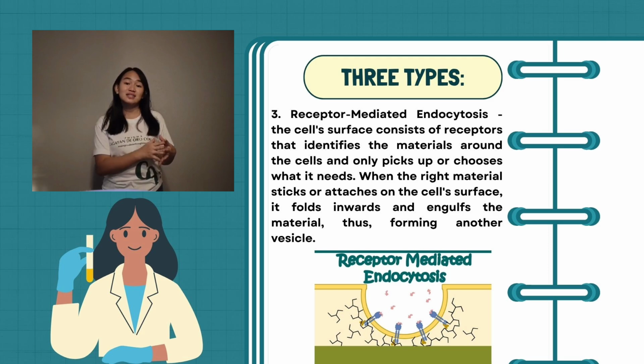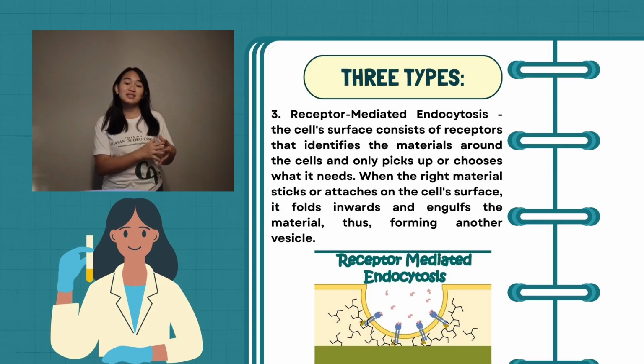Secondly, in pinocytosis, the cell surface folds inwards in an attempt to trap the liquid substances that occupy the space outside of the cell before closing in and forming a small vesicle called a pinosome.